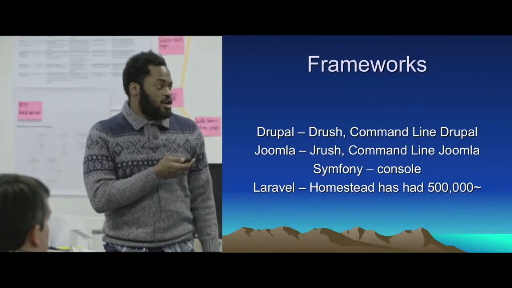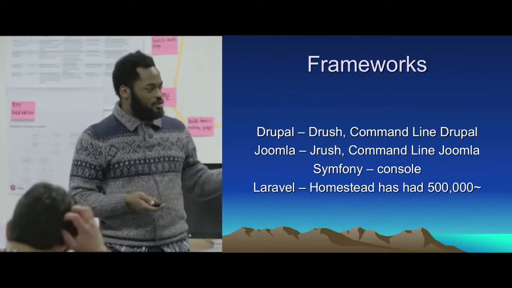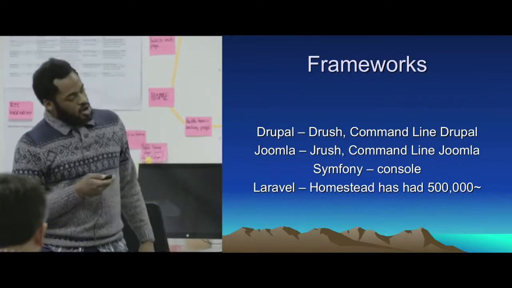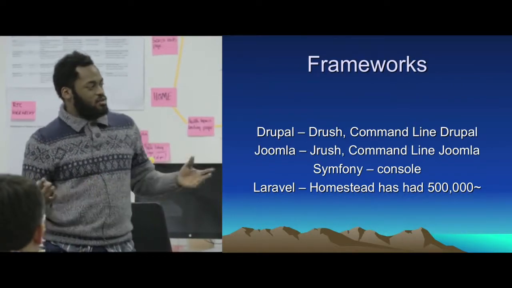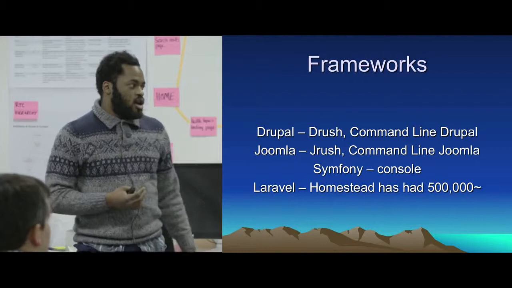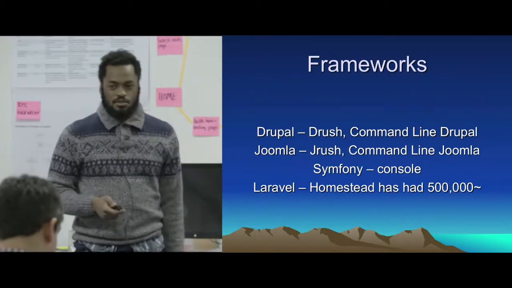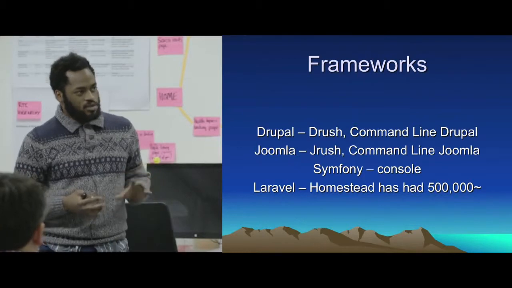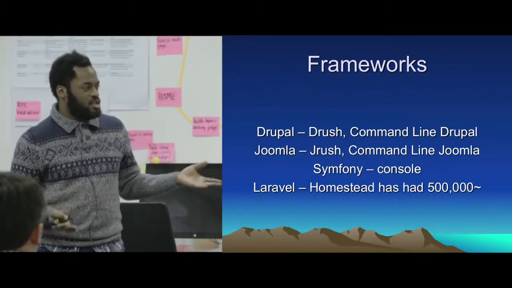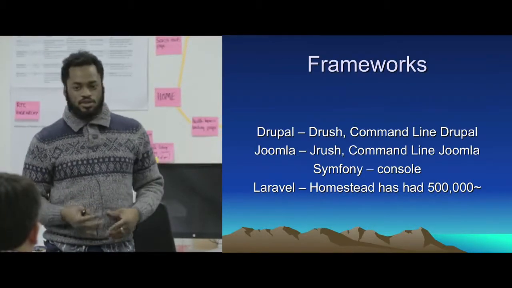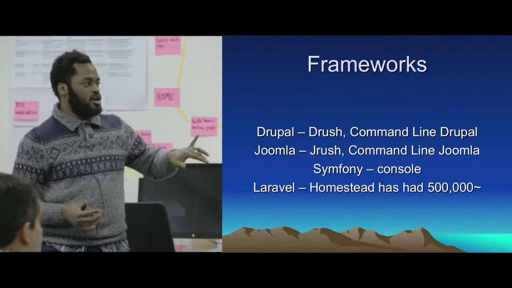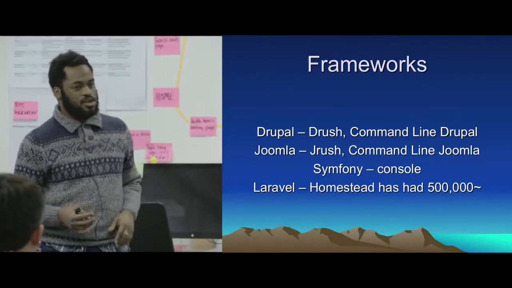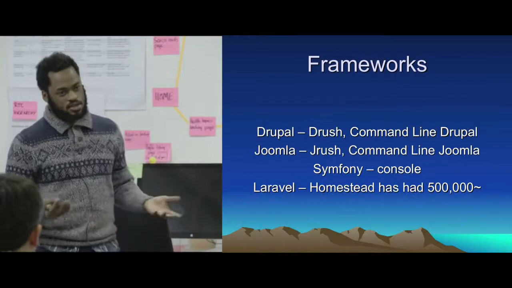Laravel, which is probably the fastest growing PHP framework at the moment, created a vagrant virtual machine called Homestead, and it's had 500,000 downloads in I think 6 months. It's got a nice quality setup for Laravel developers to use, and it's got the chef configuration in the package that you can deploy in other places or change.